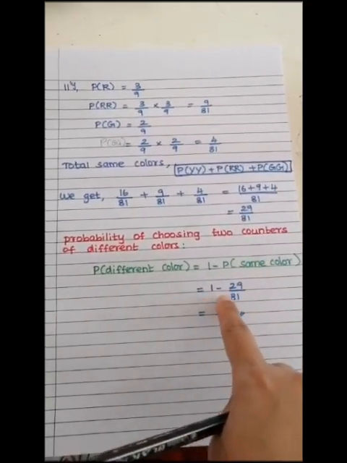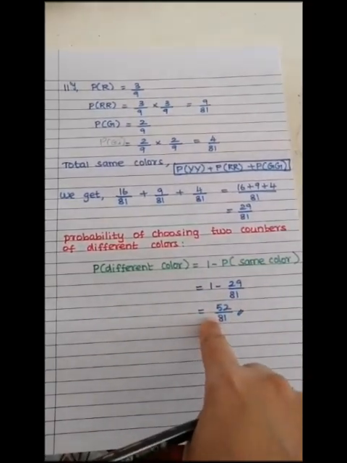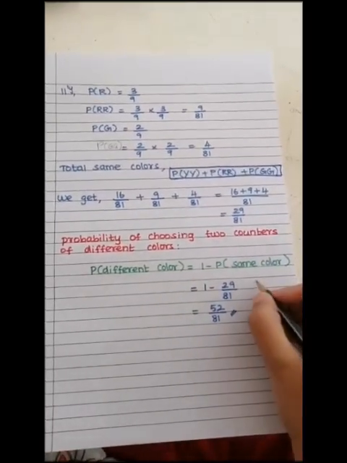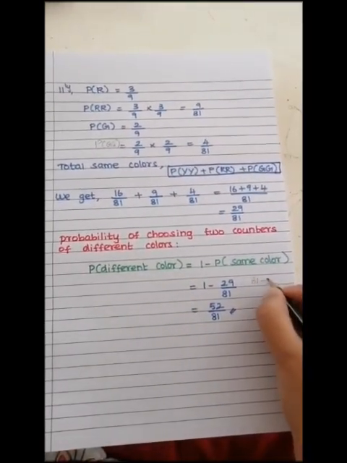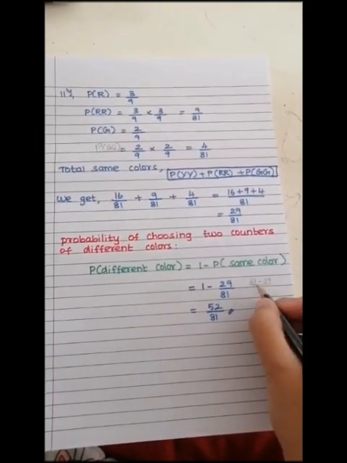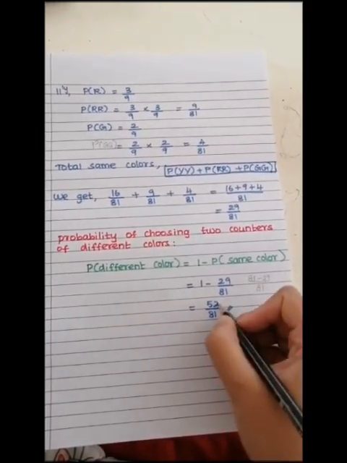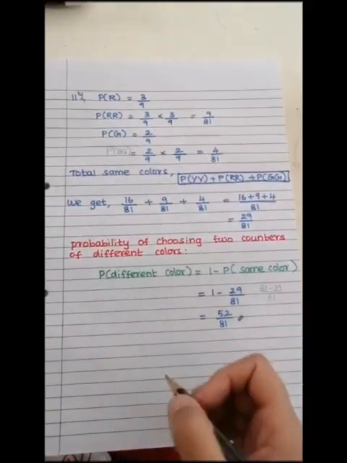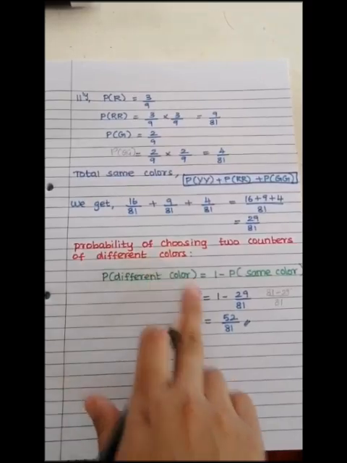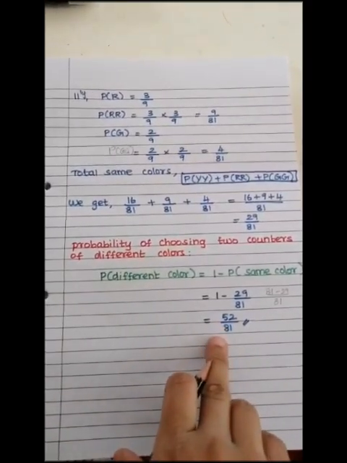So 1 minus 29 by 81 is equal to 81 minus 29 divided by 81, which is 52 divided by 81. So the probability of choosing two counters of different colors is 52 divided by 81.